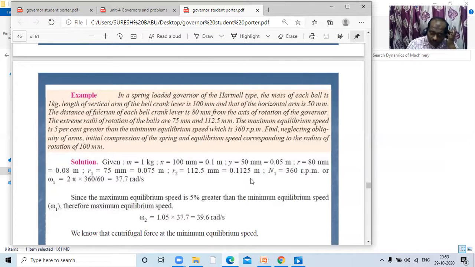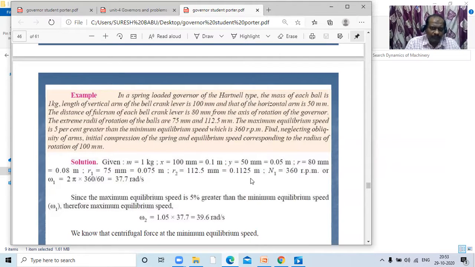If we observe this, it is a spring loaded governor. Spring loaded governors are of different types, which we have already discussed in the classification. So what do we have to find? We have to find the compression of the spring and the equilibrium speed at the radius of rotation of 100 mm. So the mean radius of rotation is 100 mm. The two extreme conditions are 75 mm and 112.5 mm.